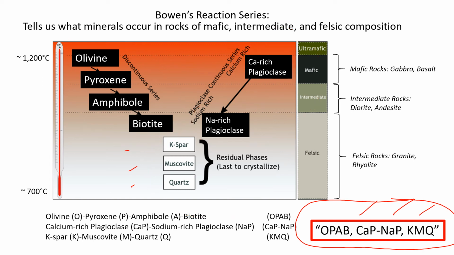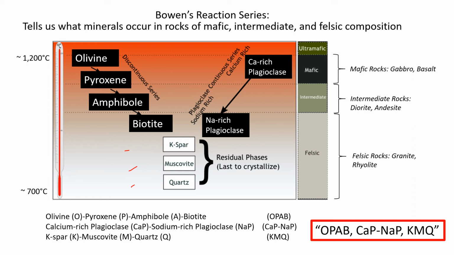One other really important finding of Bowen's reaction series is it allows us to make accurate estimates of what minerals are likely to be found in what rocks.